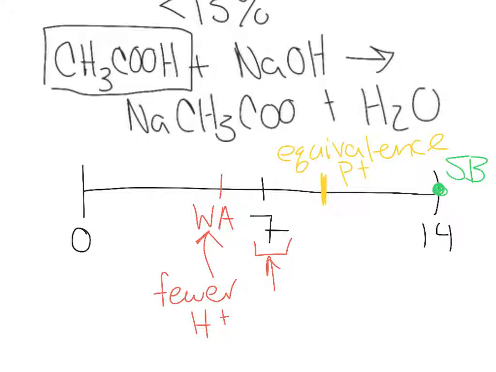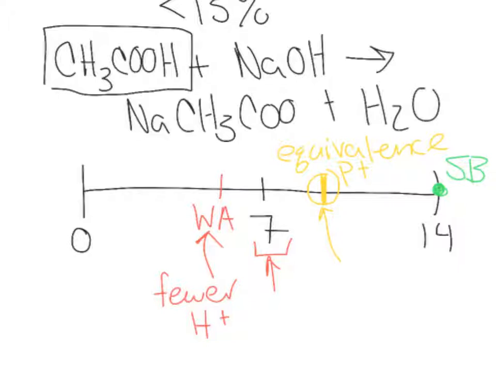So in this case, we would need to know what the pH is going to be at the equivalence point, and we would need to pick an indicator that does that. Some indicators change color at pH of 7. Some change colors at pH of 2, 4, 8, 10. There's an indicator for just about every pH. But we need to make sure that we understand that when we have a weak acid and a strong base, or vice versa, the equivalence point isn't going to be at 7.